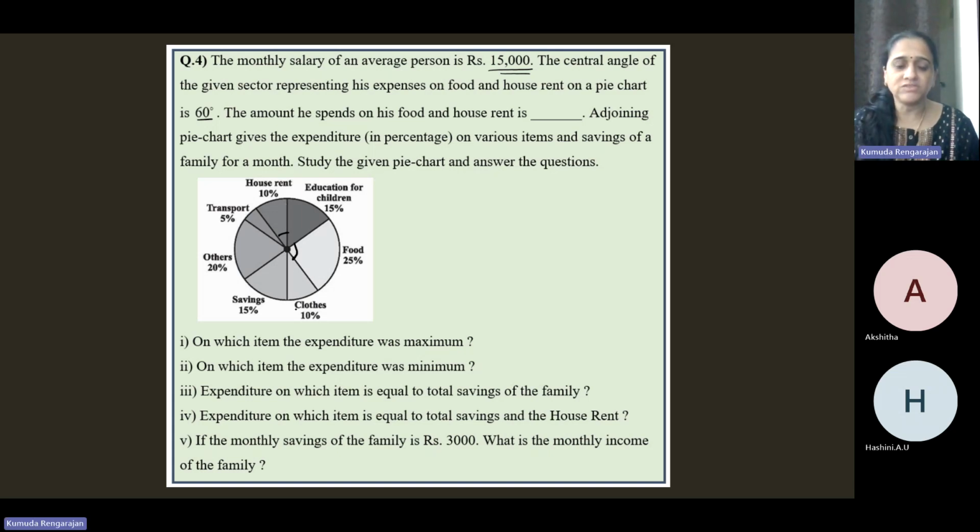So you can see expenditure and savings here. Savings is 15%, so the rest of it is expenditure, 85%.